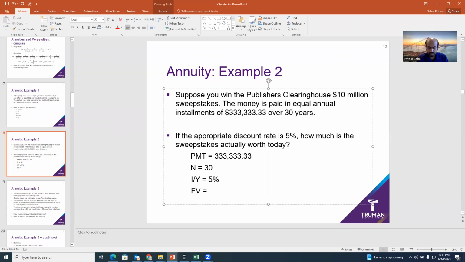Although it's telling you the lottery value is 10 million, we have to find out what it is really worth based on the cash flows it's going to provide. If you plug all this information into the calculator, the present value should pop up. Just plug in this information and you'll get this value. Make sense? Now move on.